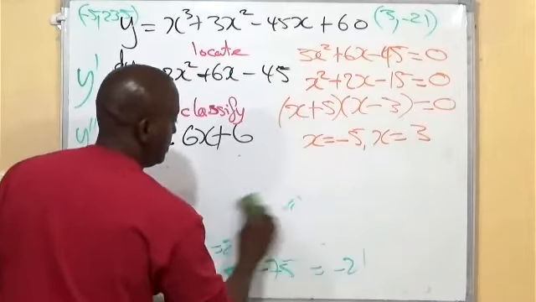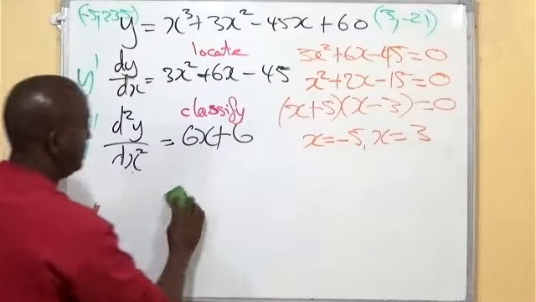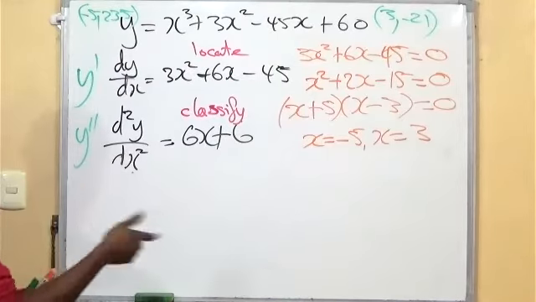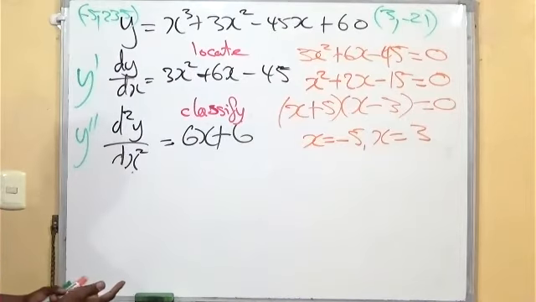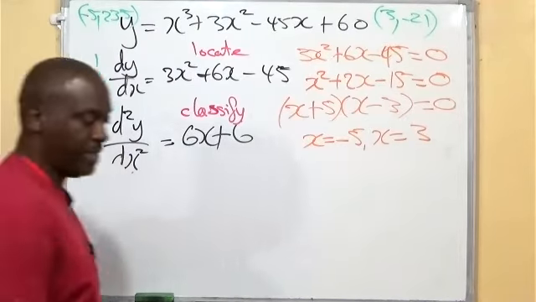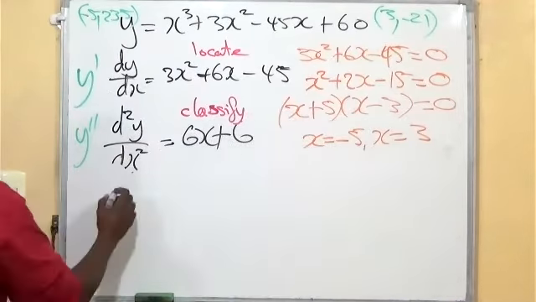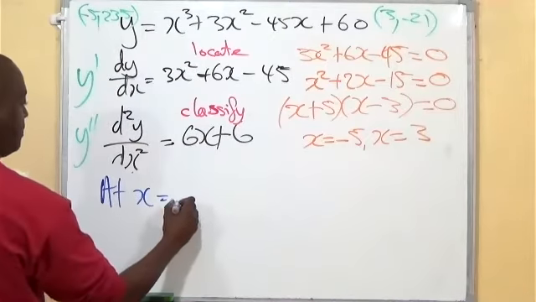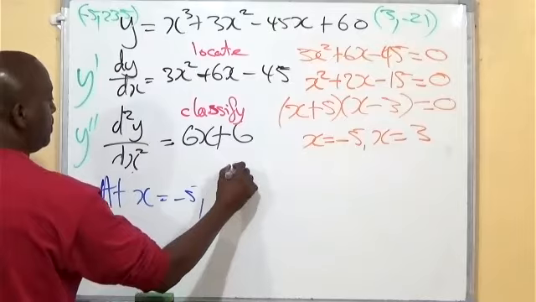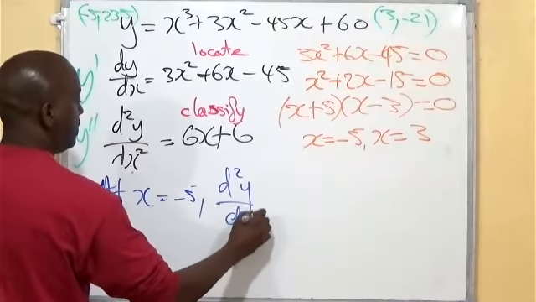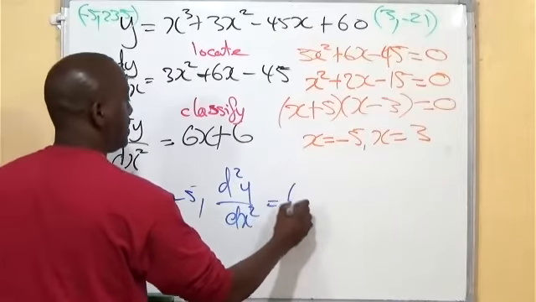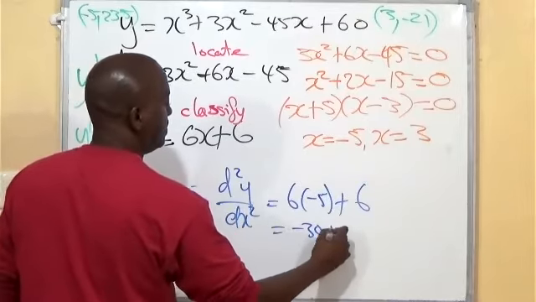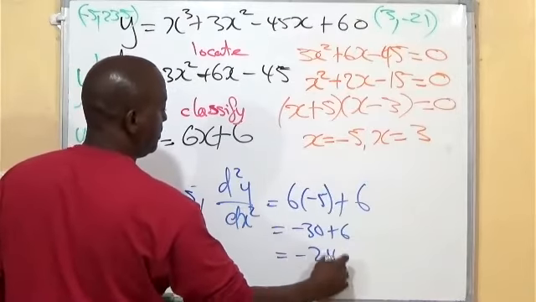So you see now, at x equal -5, d2y dx squared is equal to 6 by -5 plus 6, which is equal to -30 plus 6, which is equal to -24.